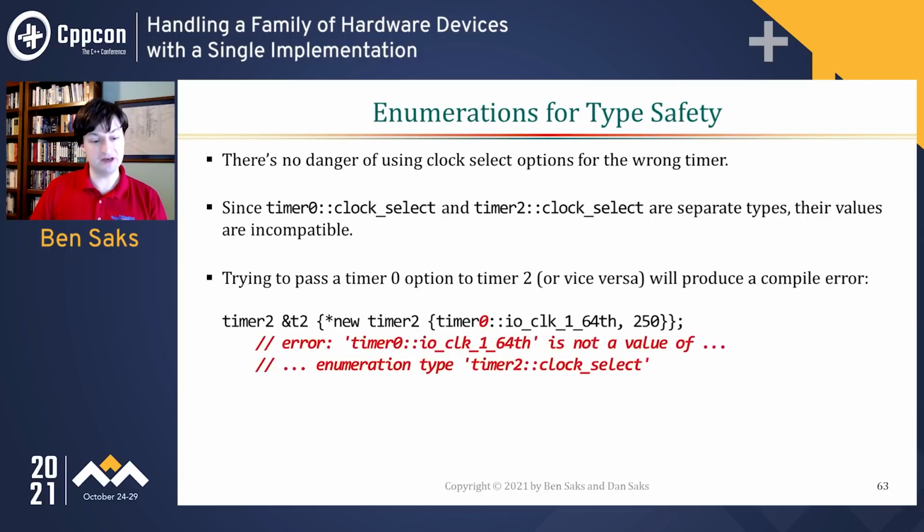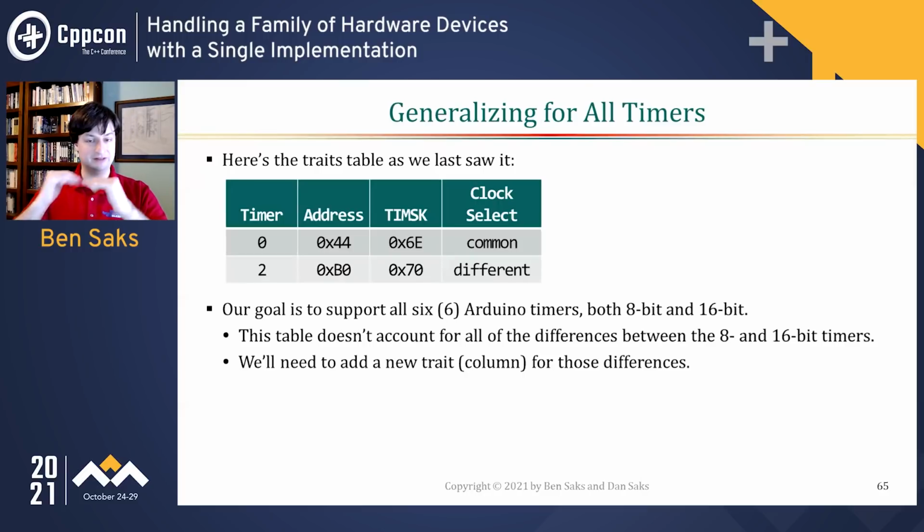And whether I use a version of the class that's placed in memory at a specific location, like I've been showing you in this talk, or whether I use one that has pointers as data members and finds those addresses in a slightly different way, the traits might be a little different, but the same basic approach works fine for creating an implementation where we have to maintain one body of code to support both timer 0 and timer 2, and as we're working on now, the 16-bit timers as well.